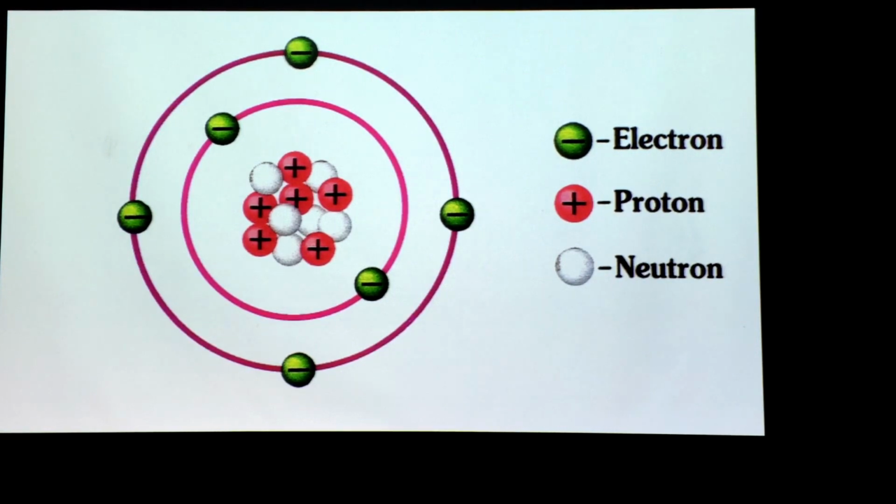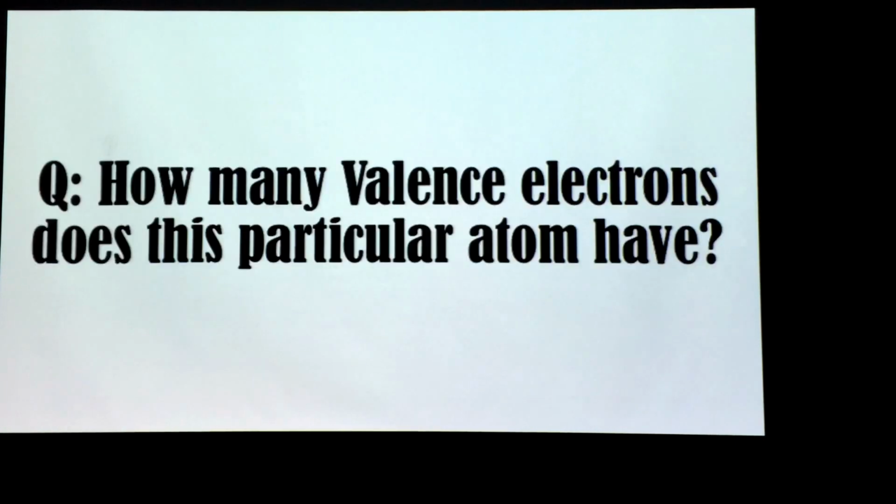What is the atomic mass? All you have to do is add up the 6 protons plus the 6 neutrons, and actually the 6 electrons. 6 plus 6 is 12, and a little bit more for the electrons, so it's going to be just over 12.